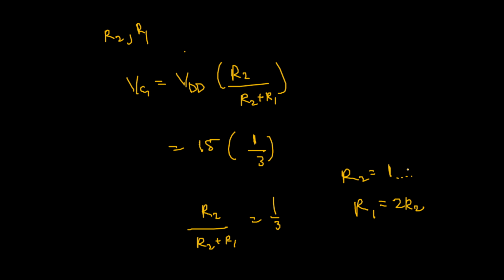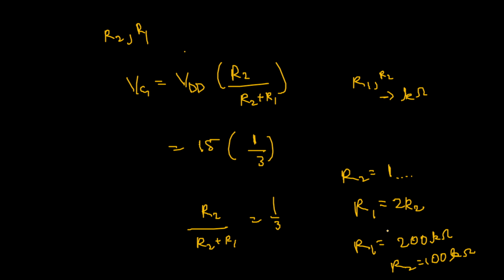So we already know that this is the condition and that's been proven here. And we also know that R1 and R2 are in large units like kilo ohm. So we can take R1 to be 200 kilo ohm and R2 to be 100 kilo ohm.